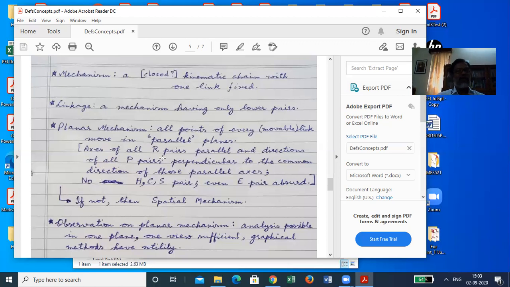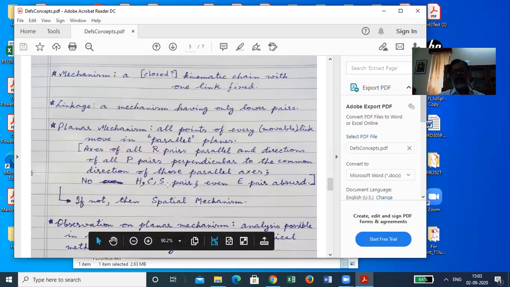You can have a cam, okay. You can have a gear. There is no problem there. Now, no helical pair is possible, no screw pair, no cylindrical pair, because you cannot ensure this condition.